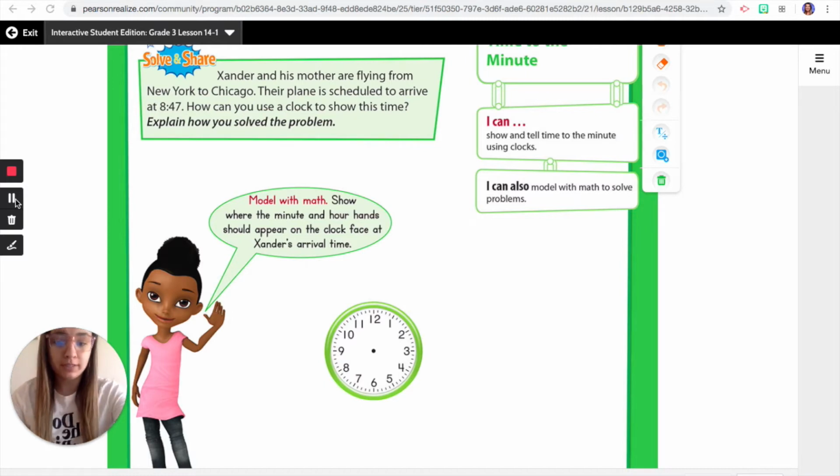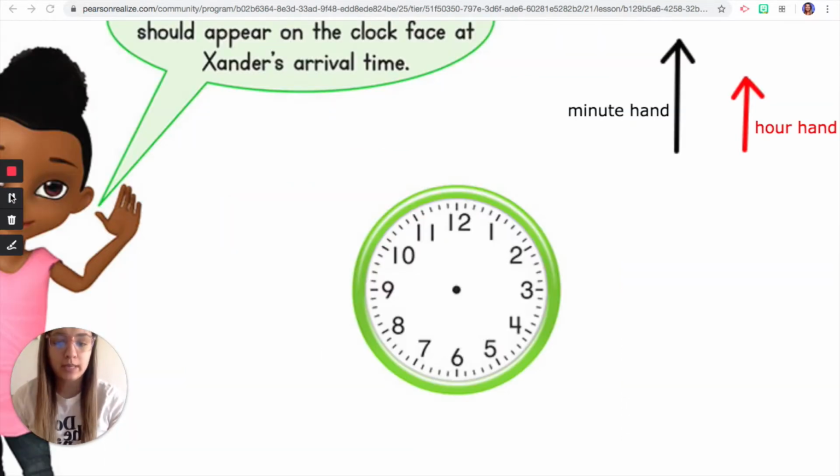So the first thing that we need to know is what the minute hand looks like and what the hour hand looks like. I've zoomed you in a little bit so that we can take a look at this clock.